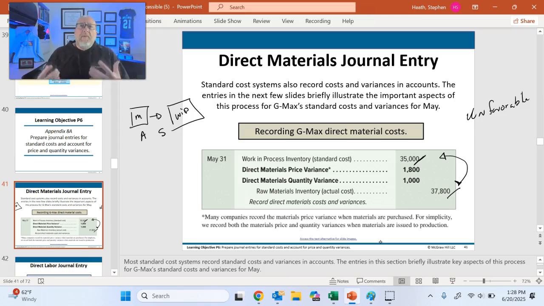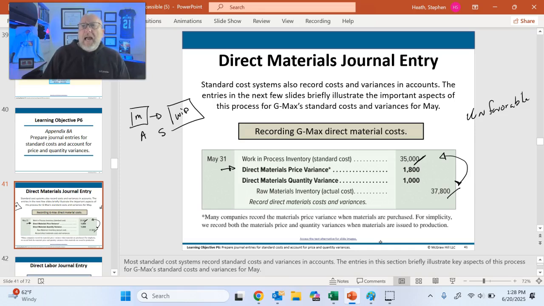And if we were to go back up and look at the detail, we would see that there is a direct material price variance of $1,800. And what we're saying is that the cost of our material per pound or per sheet was more than we anticipated. That was the price variance.